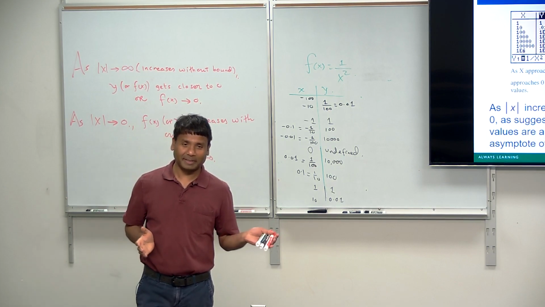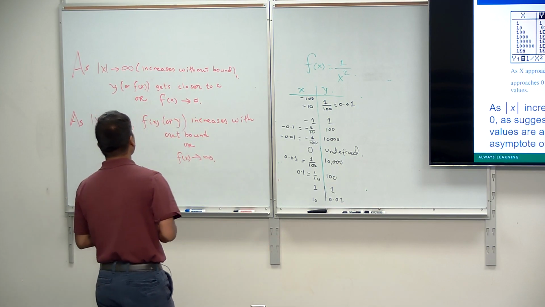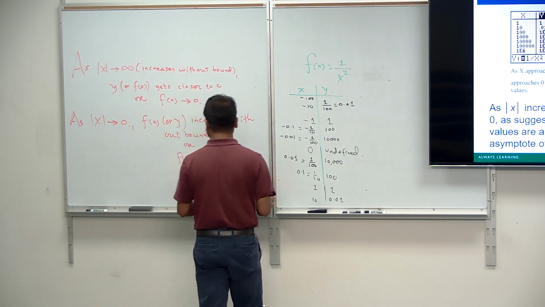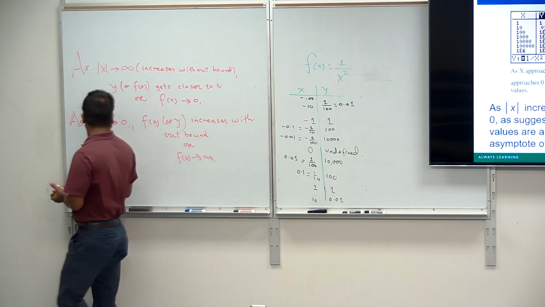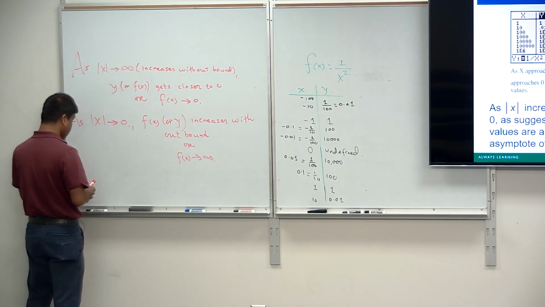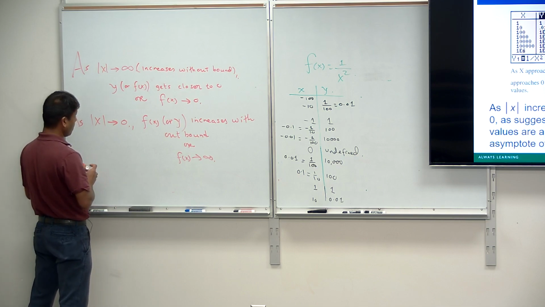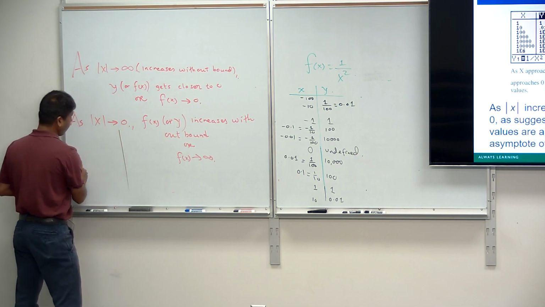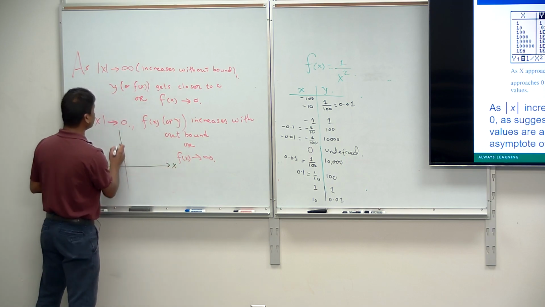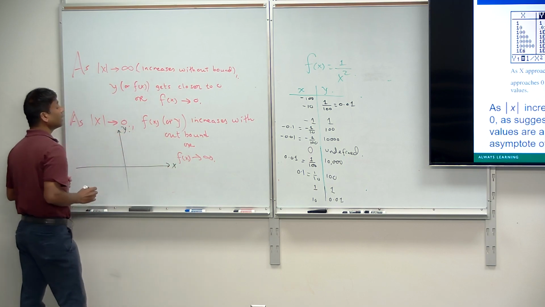Are you with me? So now if I want to draw the graph for this function, what type of graph will I get? Look here, guys. This is my x-axis, this is my y-axis.